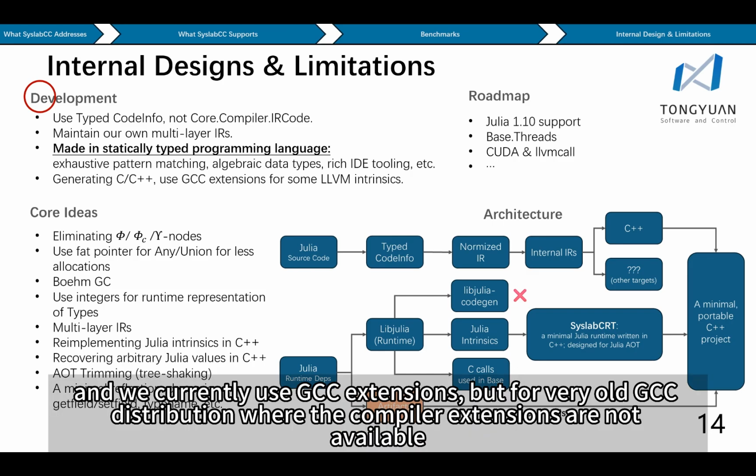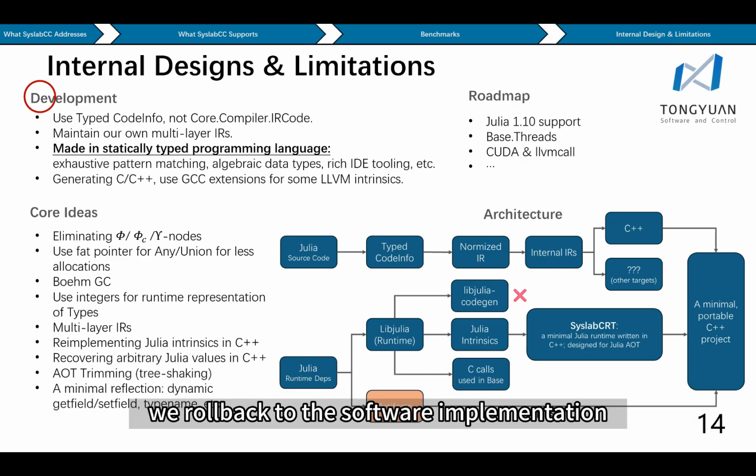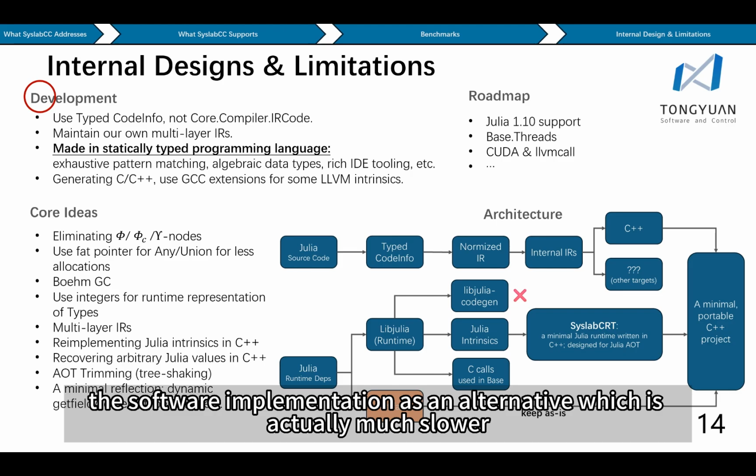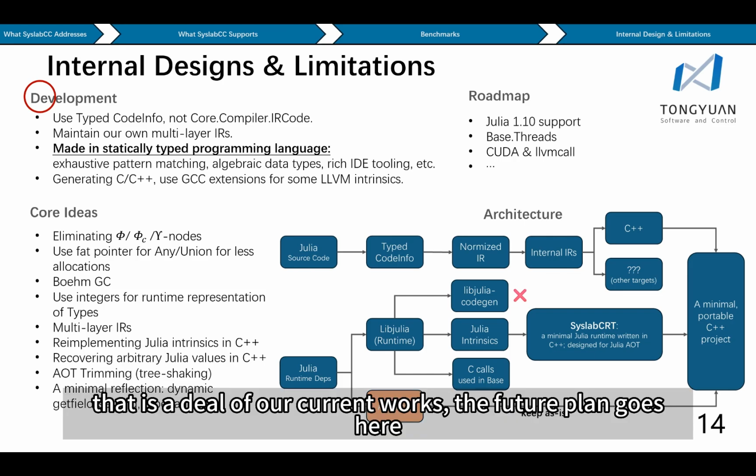And we currently use the GCC extensions, but for very old GCC distributions where the compiler extensions are not available, we roll back to a software implementation as an alternative, which is actually much slower. So that's the deal of our current work.